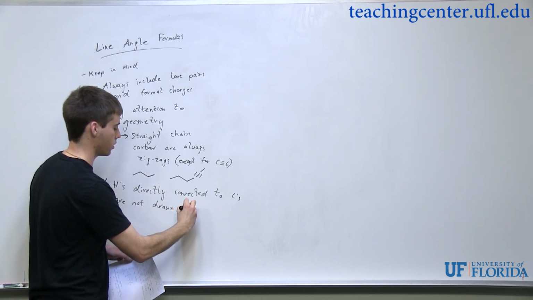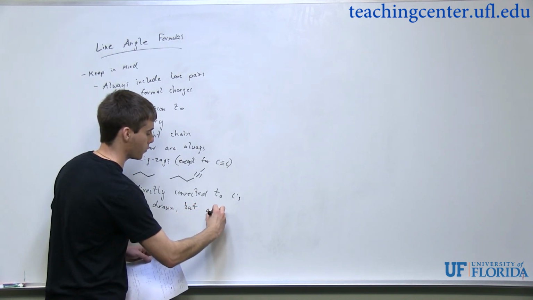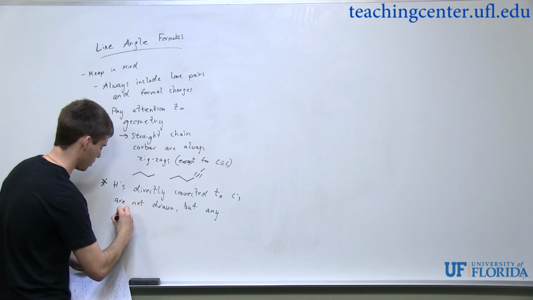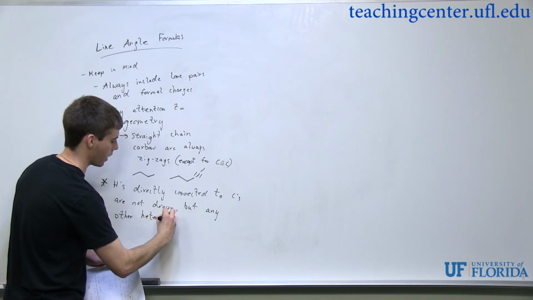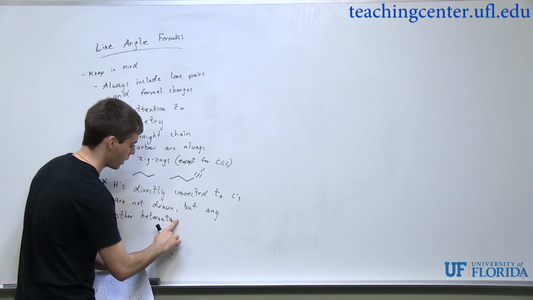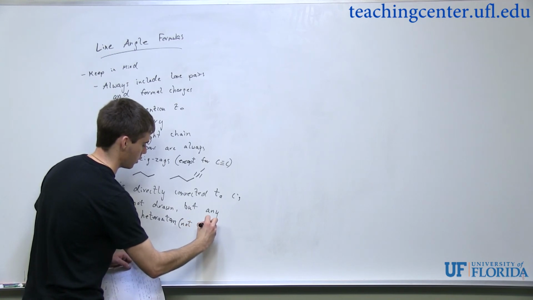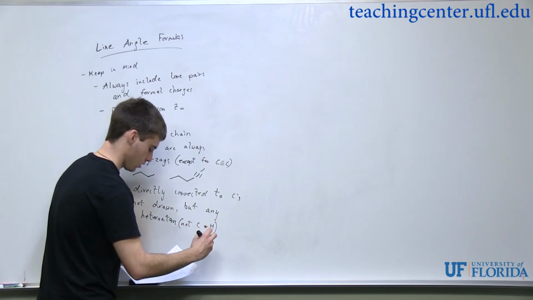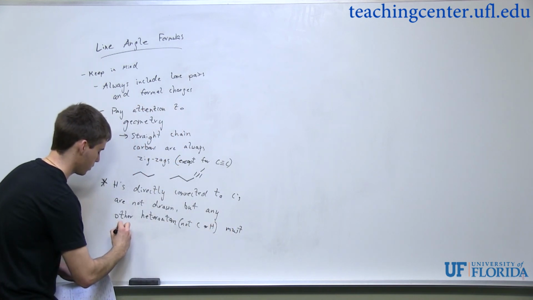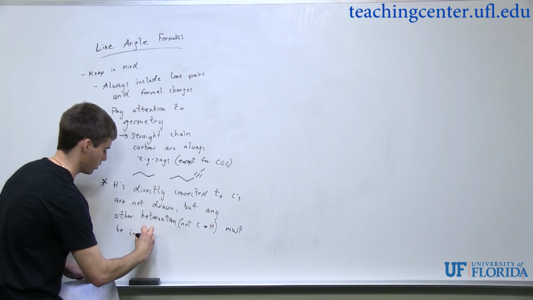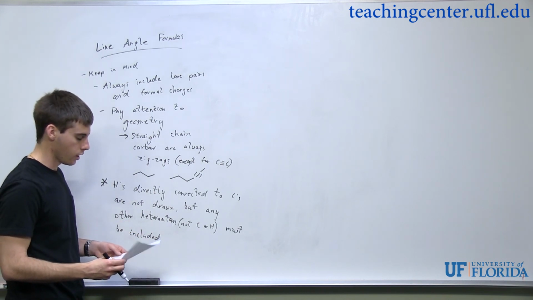But any other heteroatom, and a heteroatom is just an atom that is not a carbon or hydrogen, must be included. That's really important to remember. And we'll talk about that. I'm going to do an example in just a second.